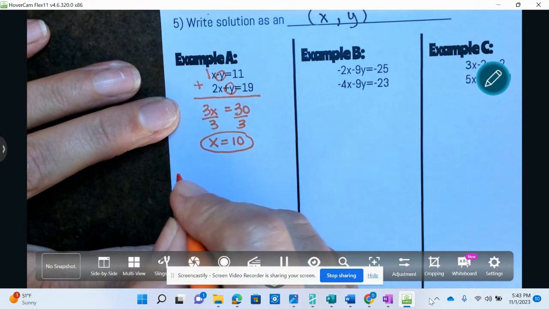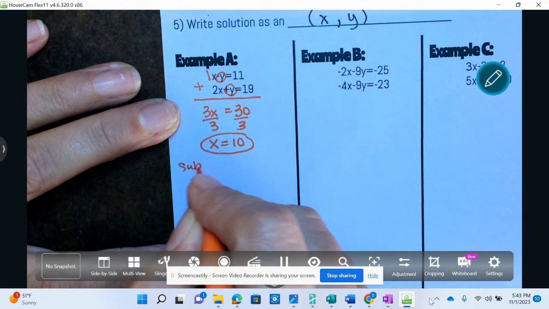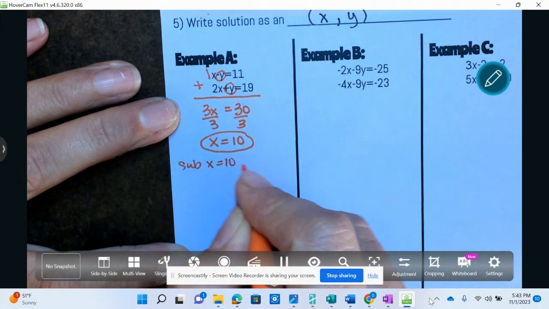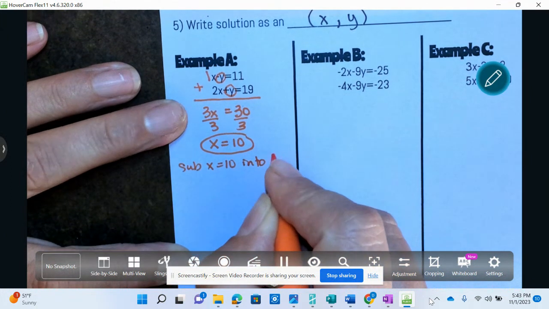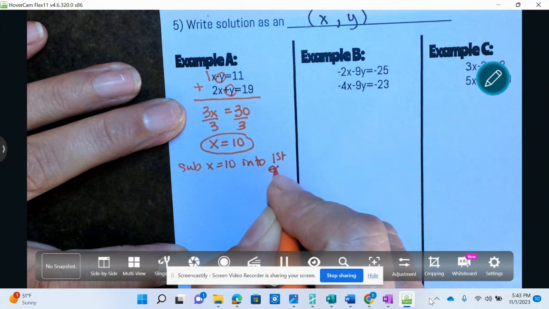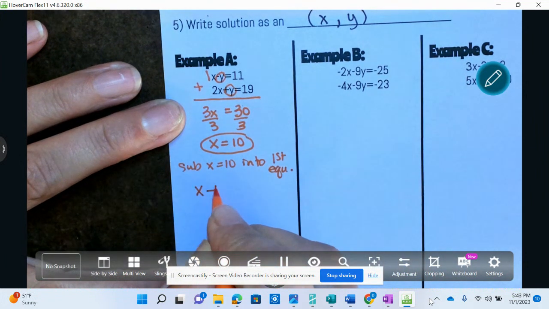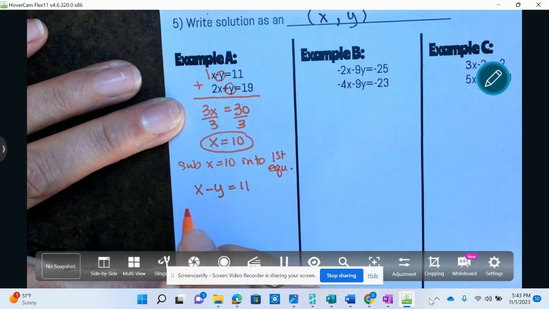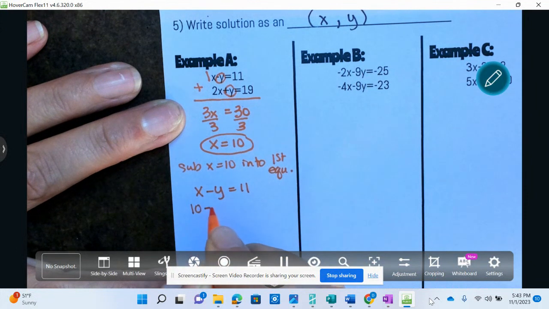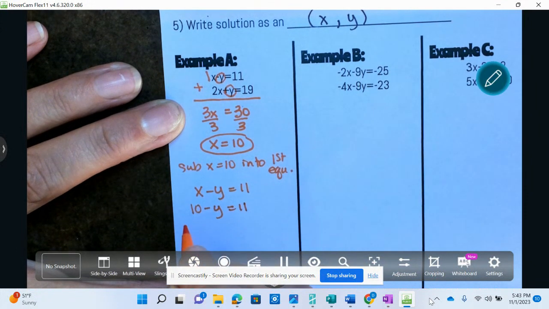Let's now sub. So we're going to sub x equals 10, and I'm going to put it into the first equation. So the first equation, x minus y equals 11. But we know that x is 10. So 10 minus some value equals 11.